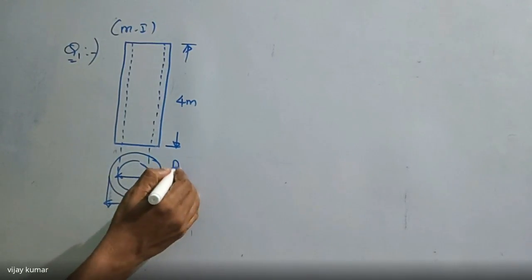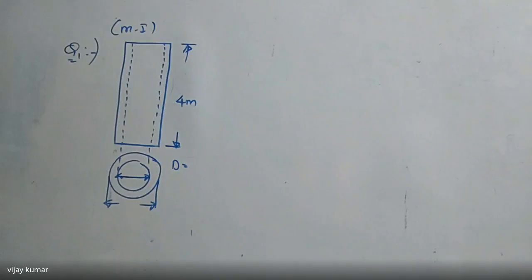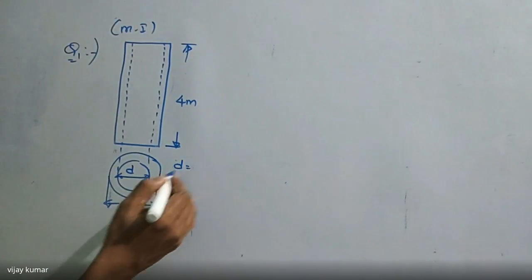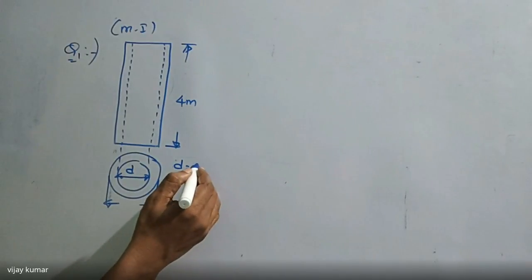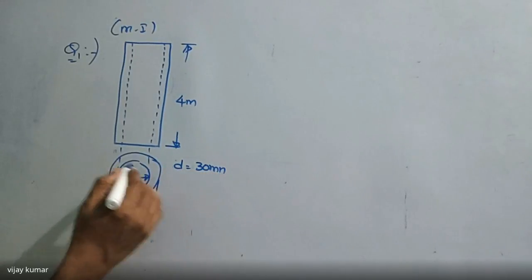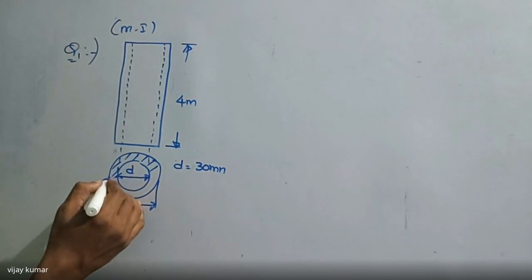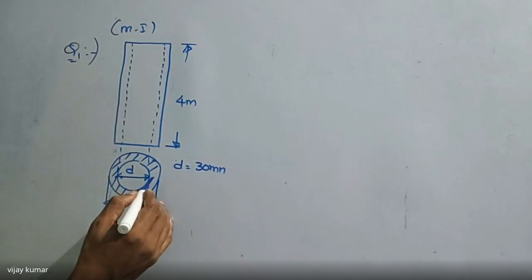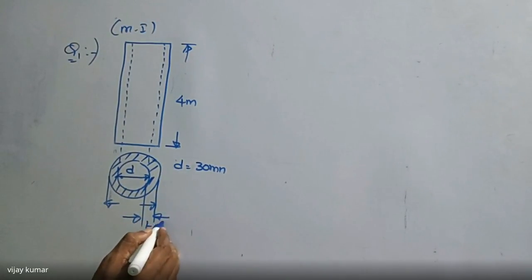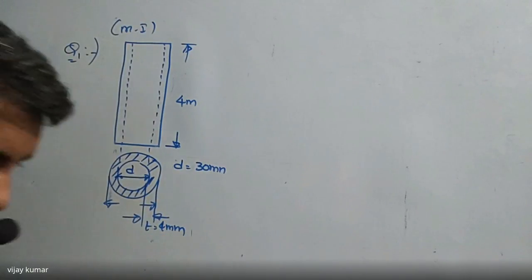Capital D is the external diameter and the internal diameter is given as small d, equal to 30 mm. And the thickness is given, that is t equal to 4 mm.